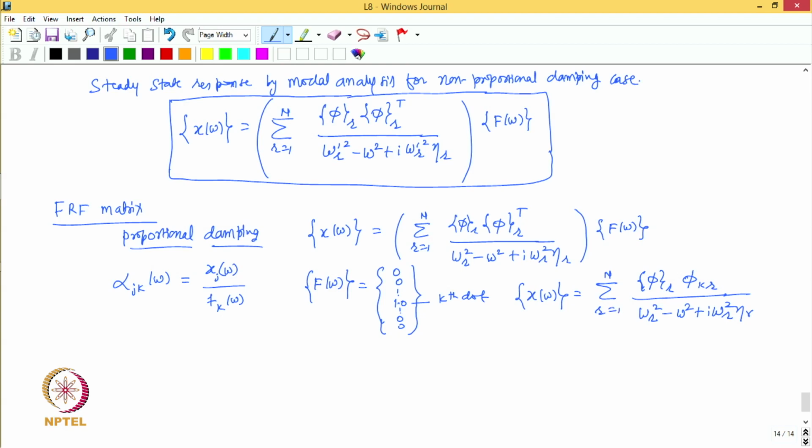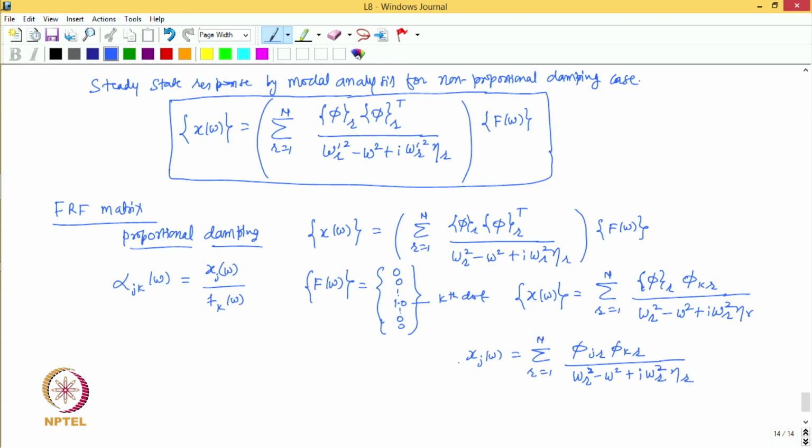If I am interested in the displacement at only the jth coordinate, then we can obtain that from this vector simply as phi j r phi k r divided by omega r square minus omega square plus i omega r square eta r, with r varying from 1 to n.